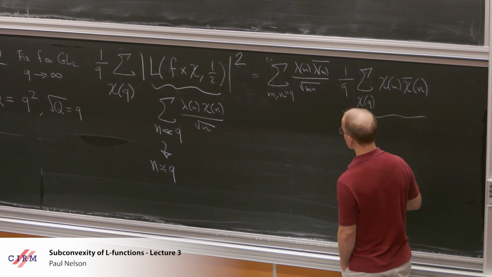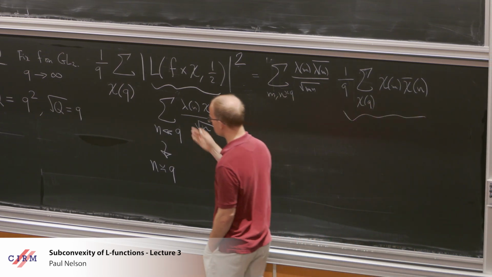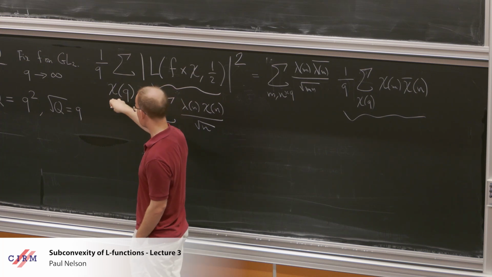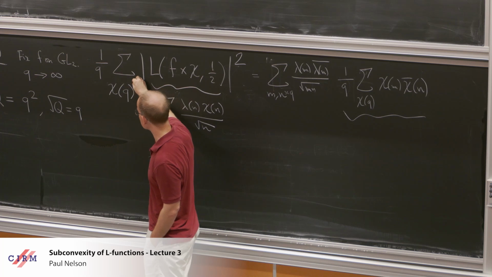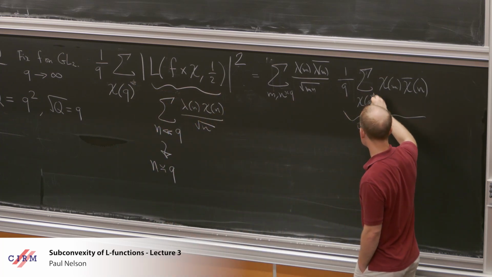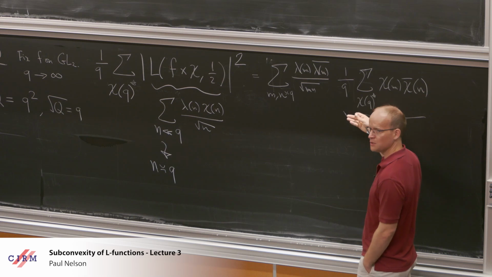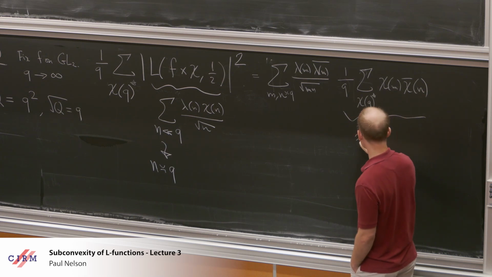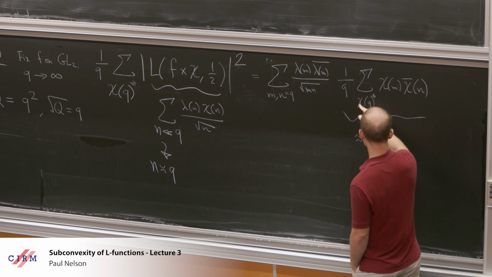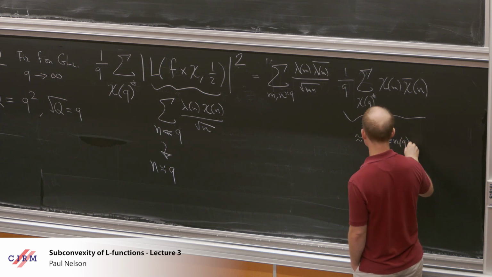I've been a little sloppy here. I've ignored the difference that we really want to sum over χ that are primitive of conductor q, so there should be an asterisk here to indicate primitivity, as well as here. But if q is prime, this will introduce only a lower order modification. This sum then will detect the condition that m and n are congruent to each other modulo q.